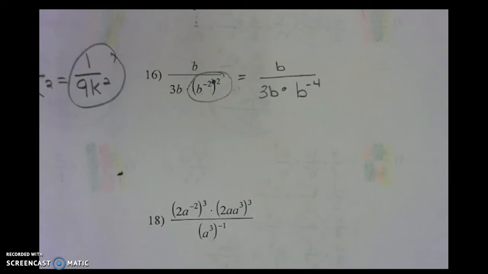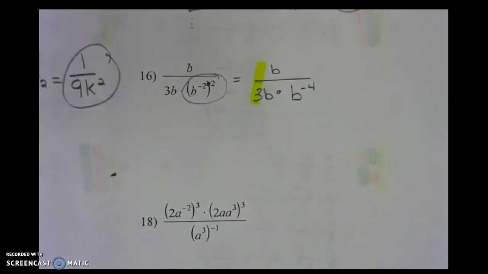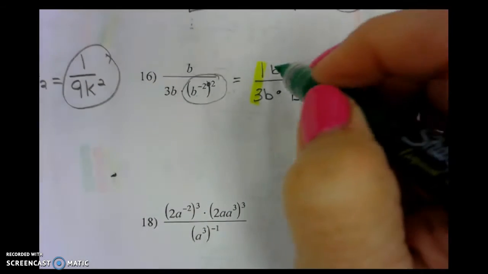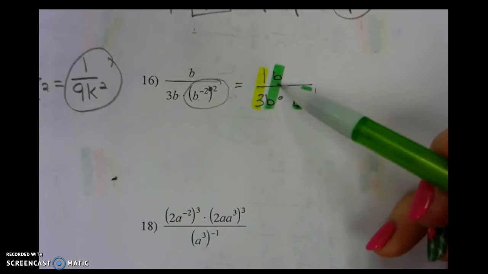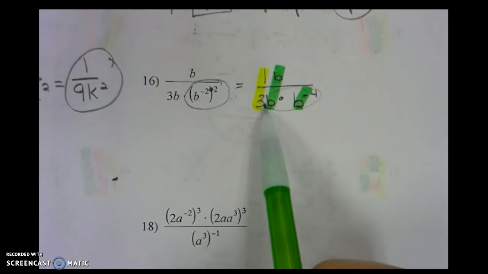Now I can look for my like bases. I've got this 3 that's going to go with the implied 1 in the numerator. And then look at my b's. We now have 3 copies of the b. You've got options. You could start by combining these 2, or you could start by combining these 2.